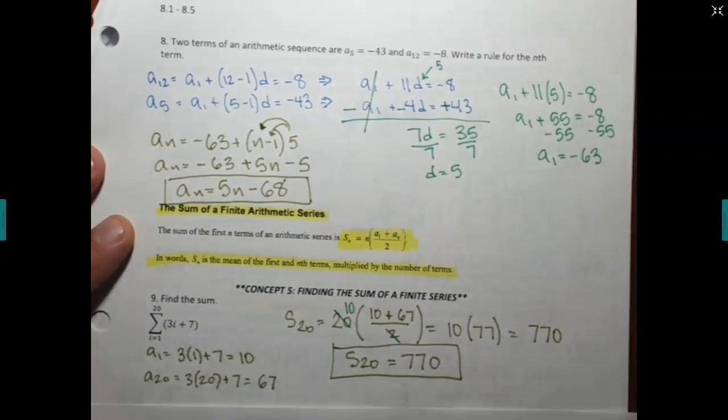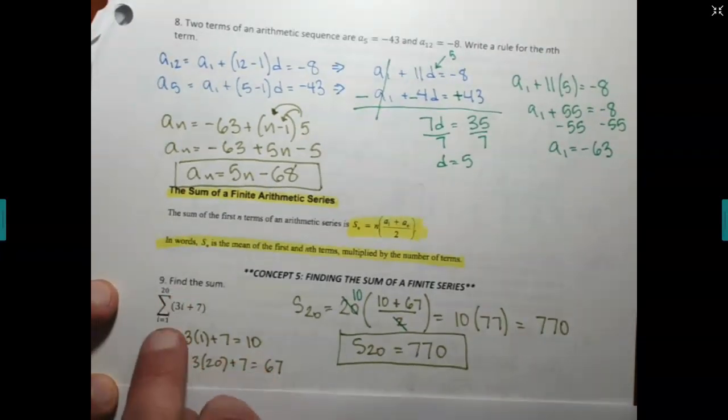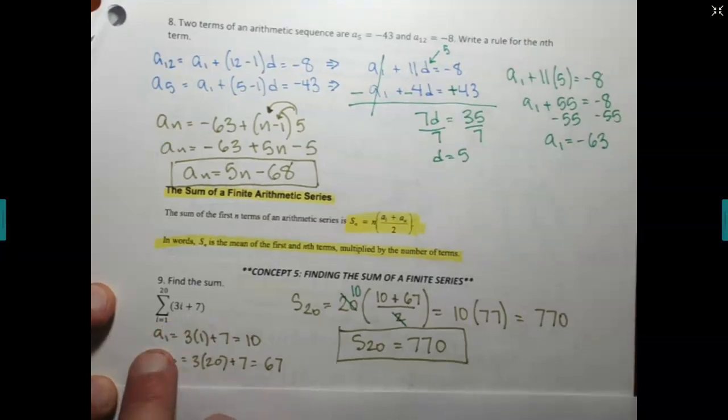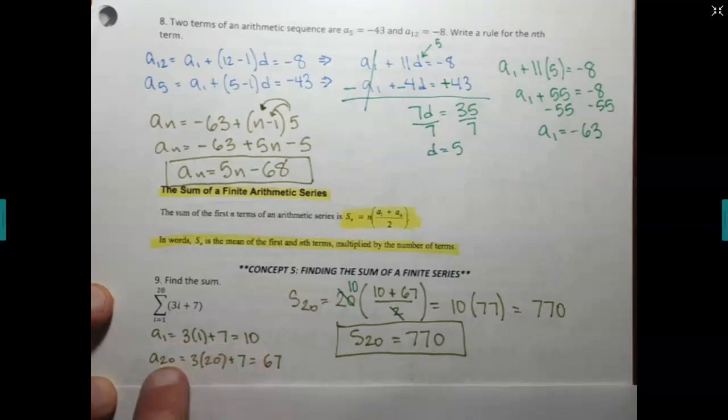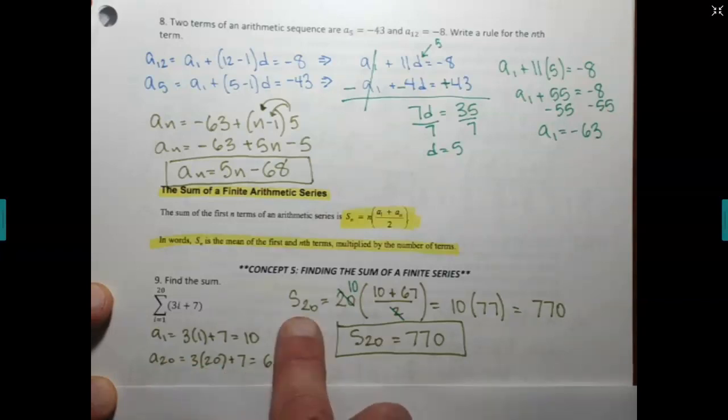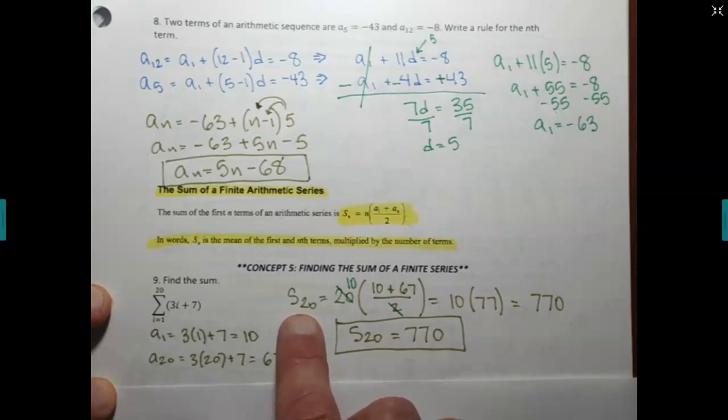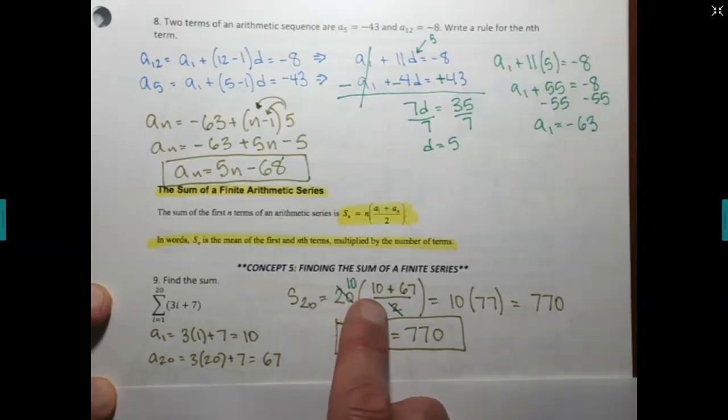So if you look here, our upper limit's 20, our lower limit's 1. Our rule is 3i plus 7. A sub 1 will give us our first term, which is 3 times 1 plus 7, which is 10. A sub 20 will give us our last term. So 3 times 20 plus 7 is 67. So the sum of the 20 terms is 20 times the quantity of 10 plus 67 divided by 2.